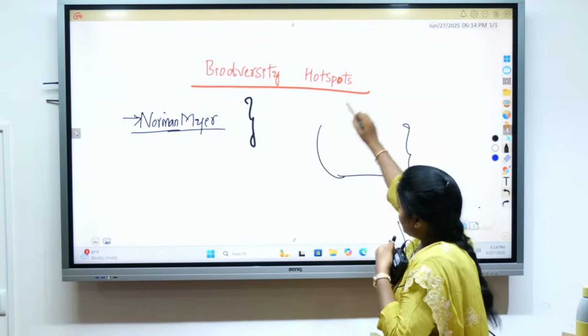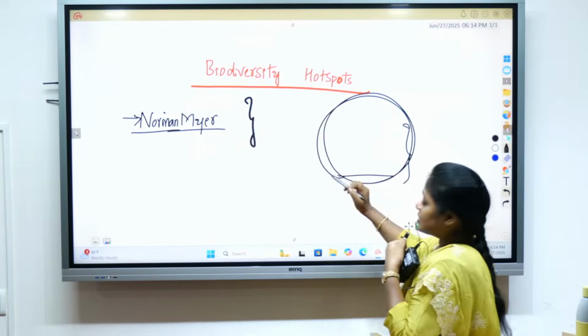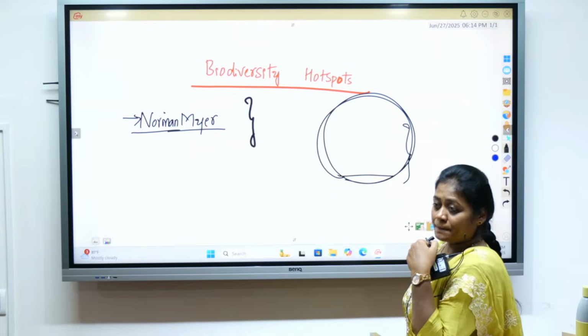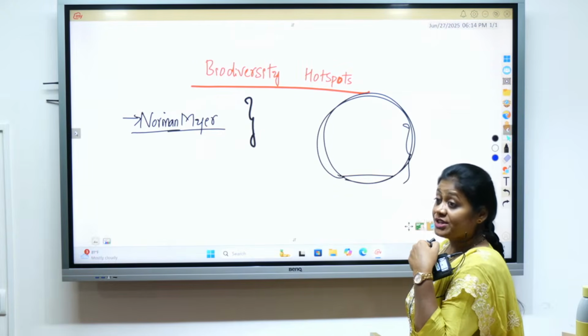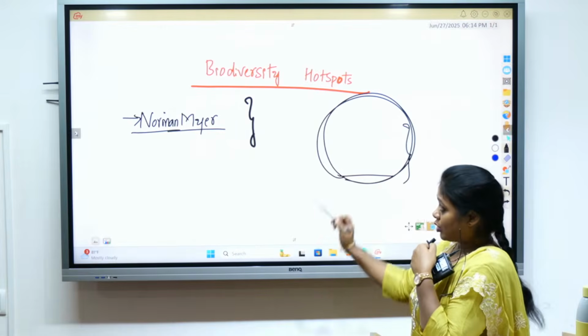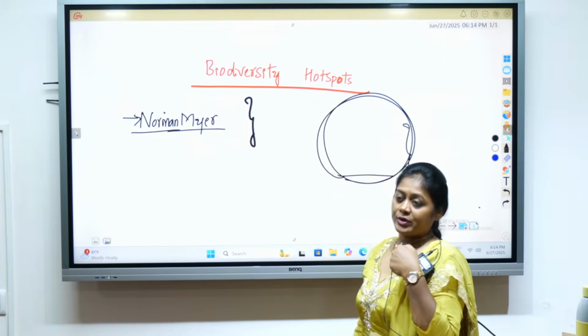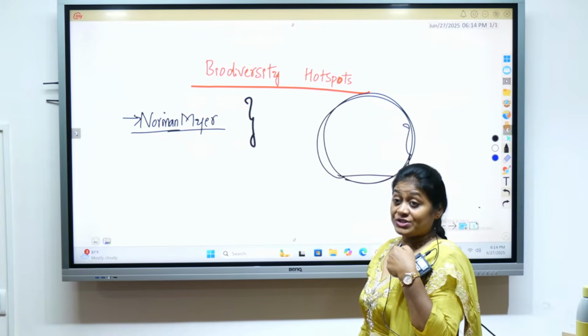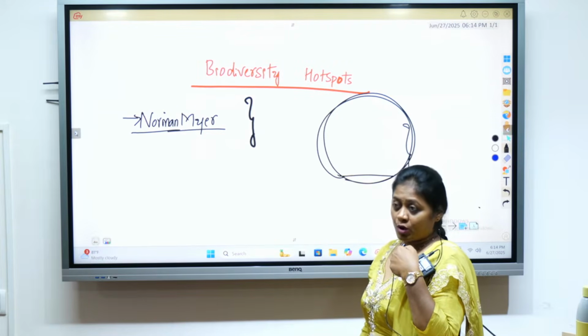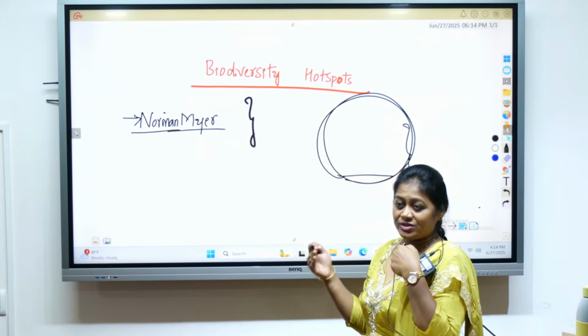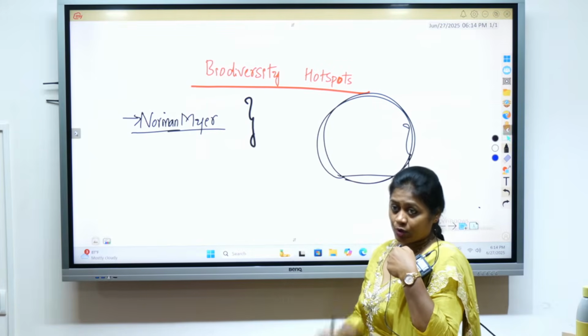For a region to be called a biodiversity hotspot, it has to match 3 criteria according to Norman Myers. So what are those 3 criteria to call a region a biodiverse region or biodiversity hotspot?